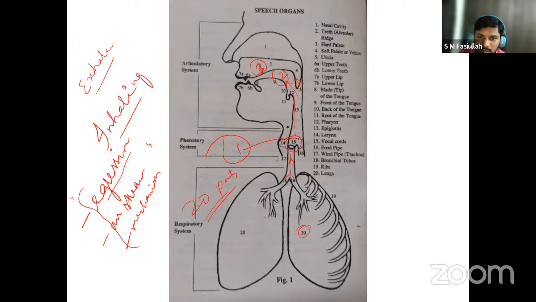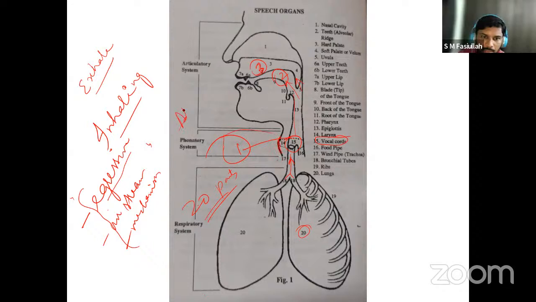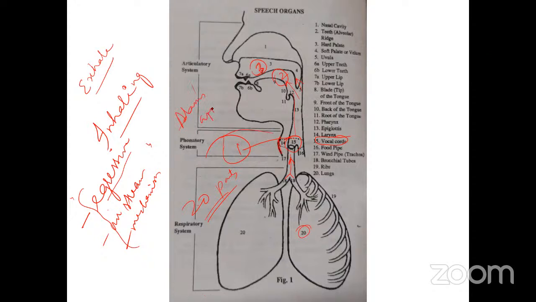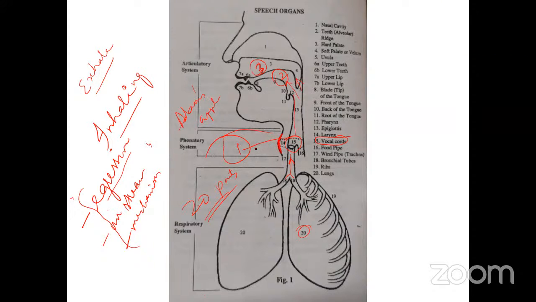What is the vocal cord otherwise called? The sound box. Adam's apple. This elevated part you see here, the curved part, this sharp edge kind of thing, that is what is called Adam's apple.